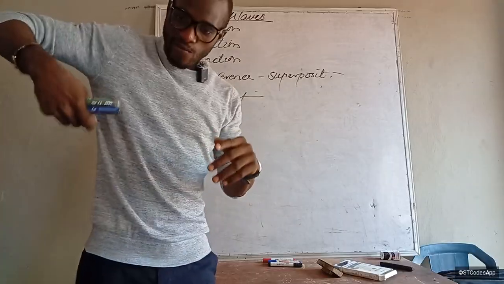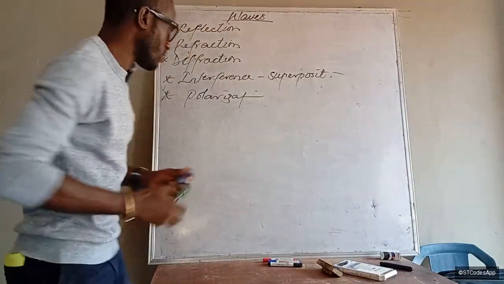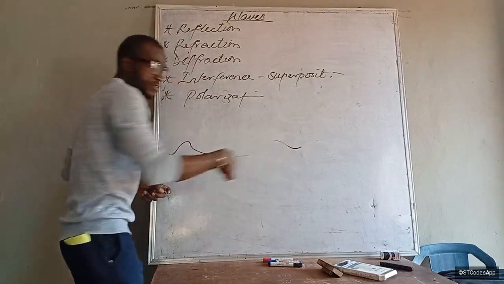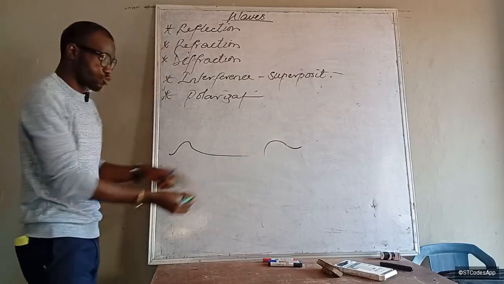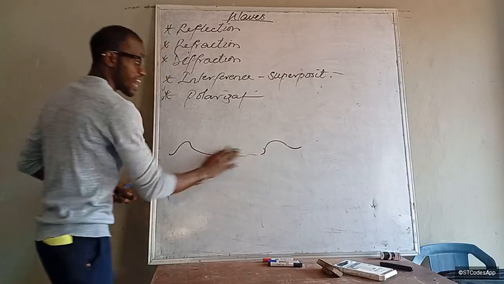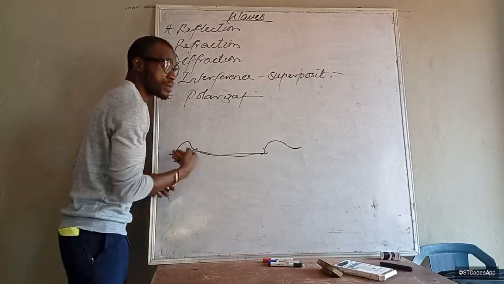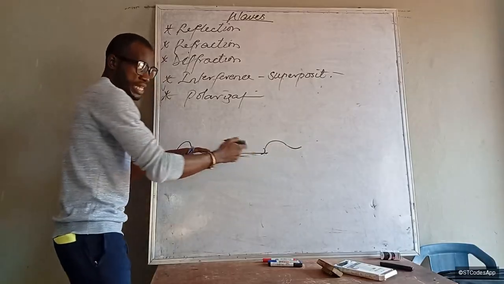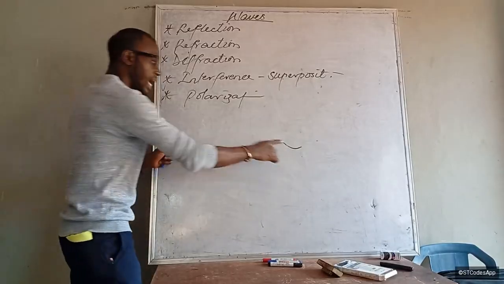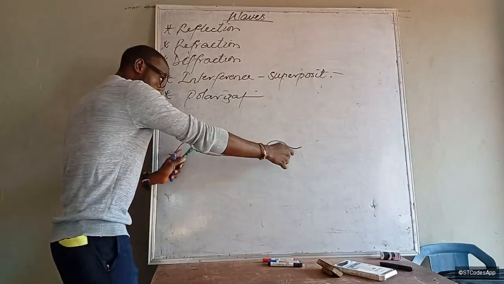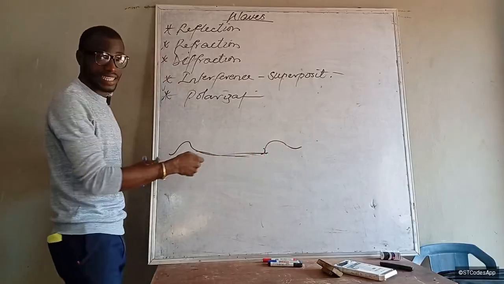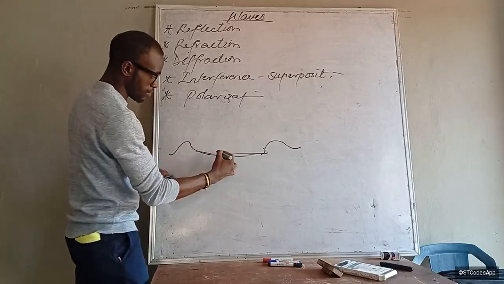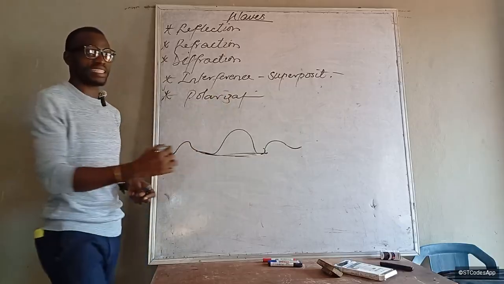If I pass a wave on one side of the rope, and that loop goes like this, and I pass another wave on the other side of the rope, now these two, they are coherent. Why? They have coherent sources because they're happening on the same rope. Now if these two waves are both crests, when they meet here, for example, they will create a larger crest.